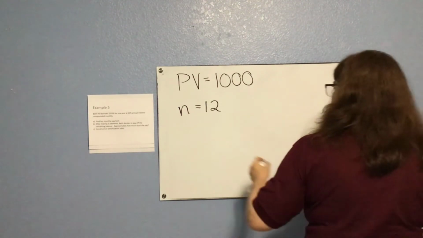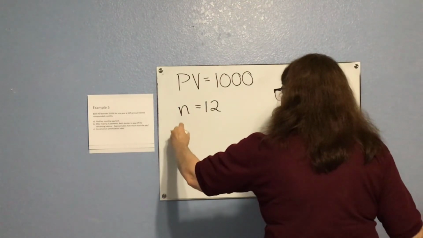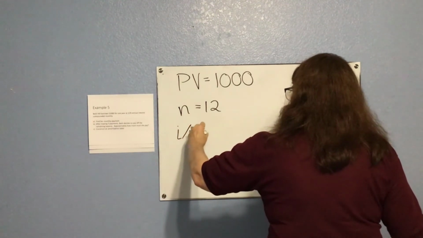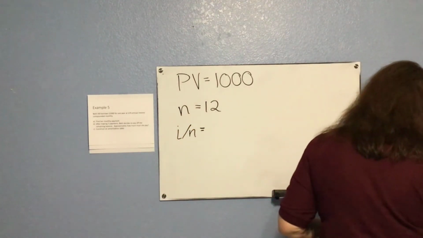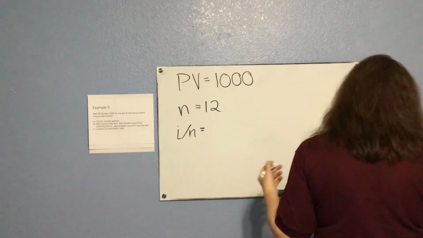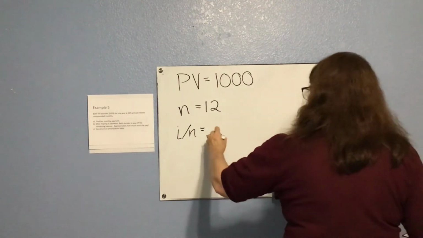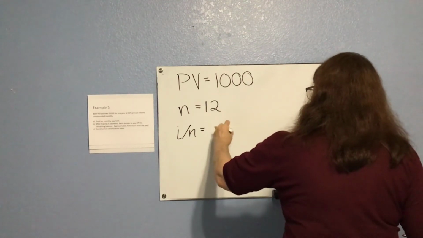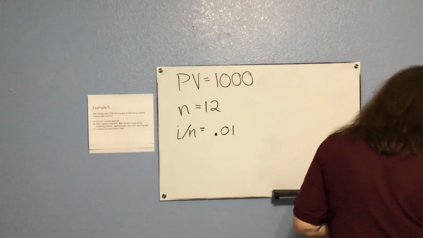And the monthly interest rate, I over N, is going to be 12% divided by 12 months, or 0.01.